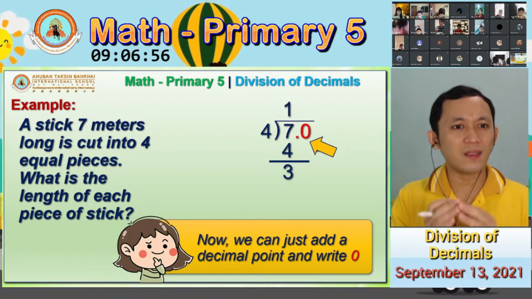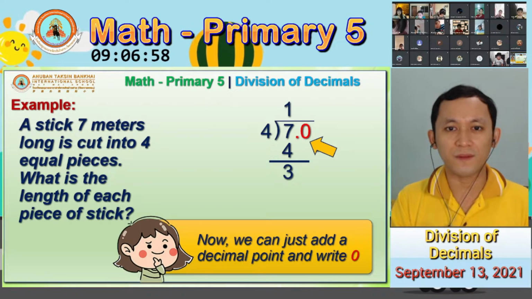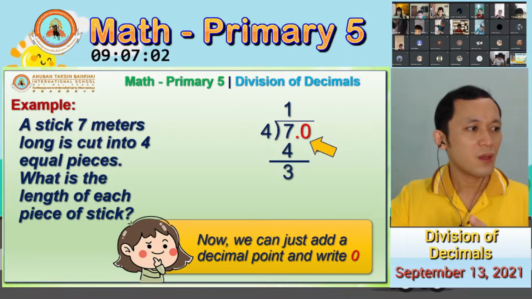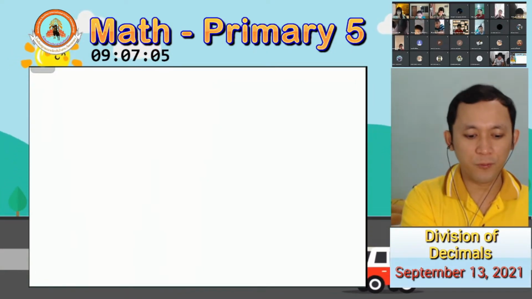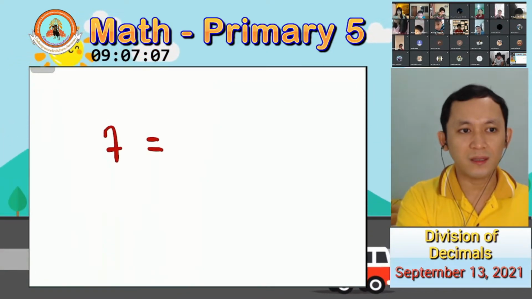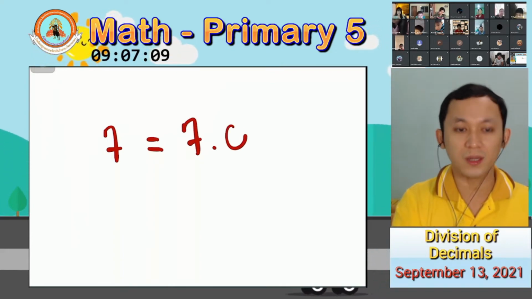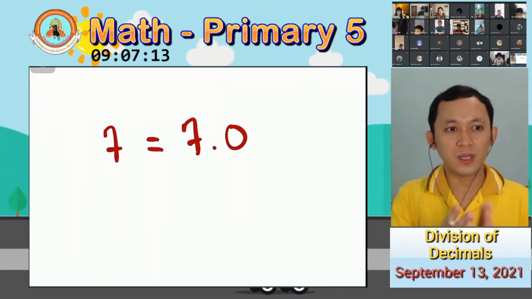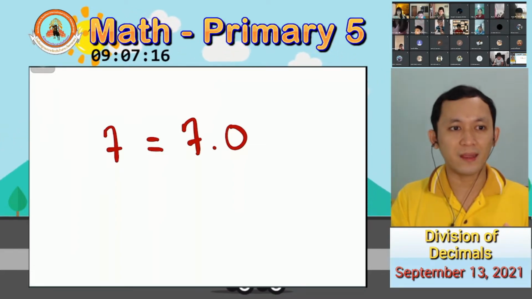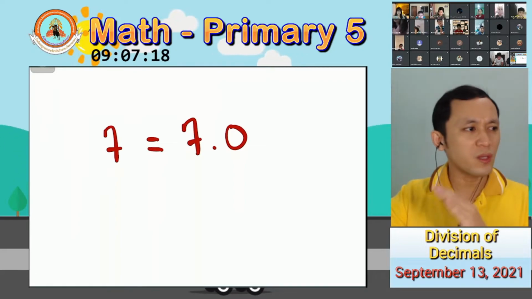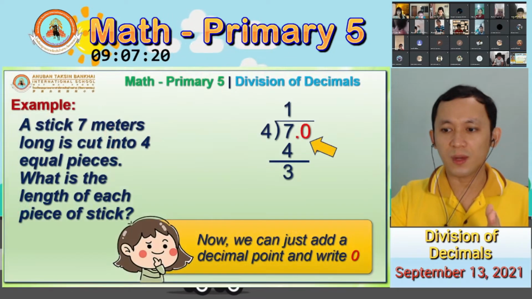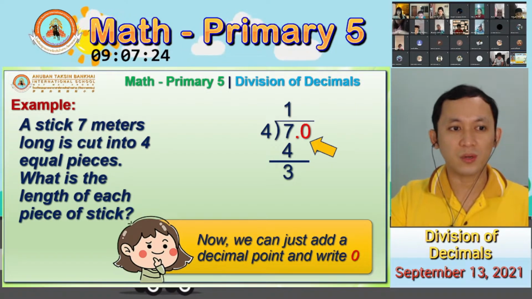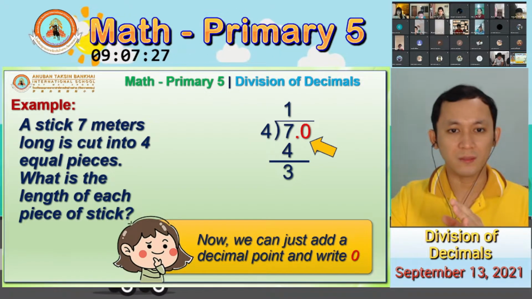Take note that this doesn't change the value of the number. 7 is still the same as 7.0. They are equal. So adding 0 doesn't affect the number at all, and our answer will still be correct.